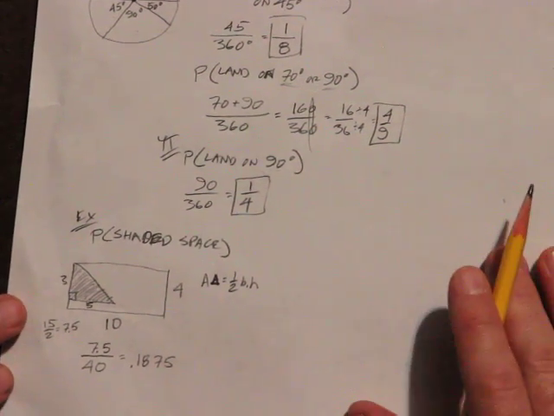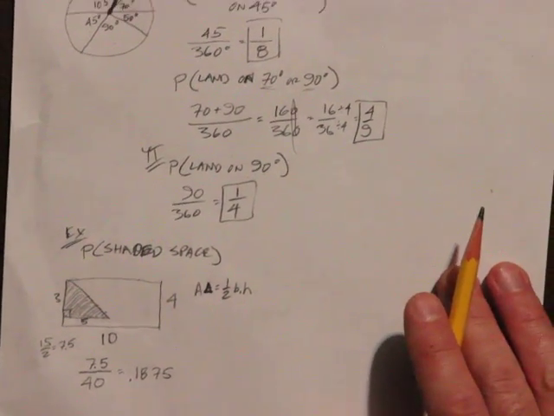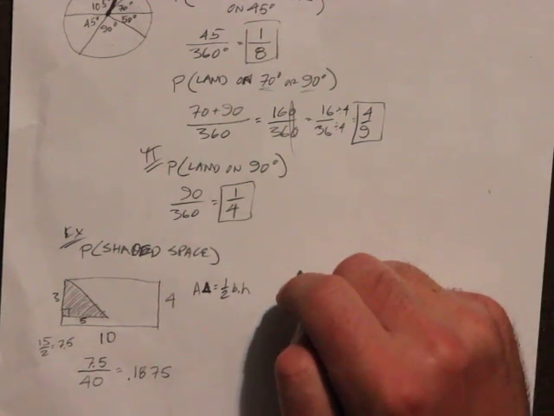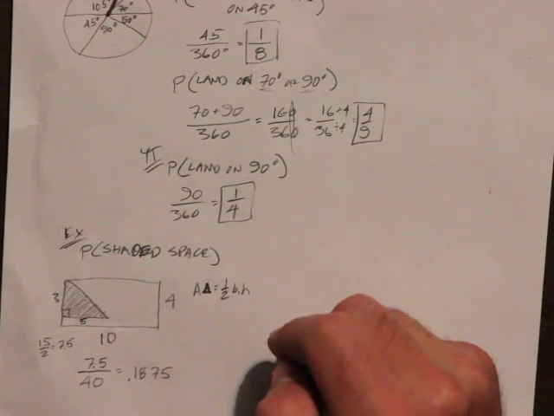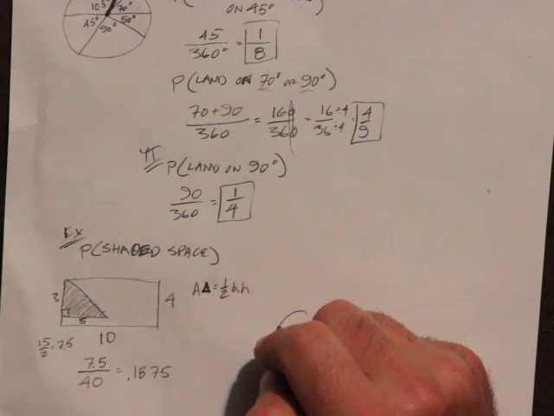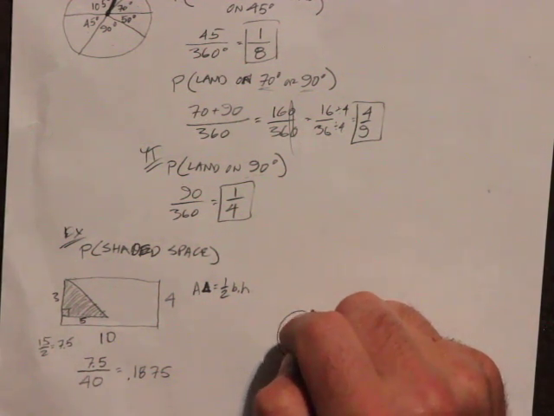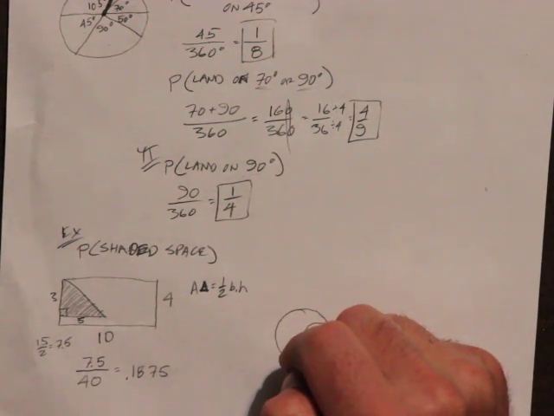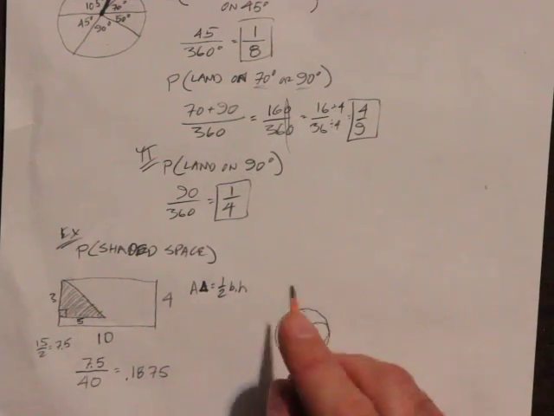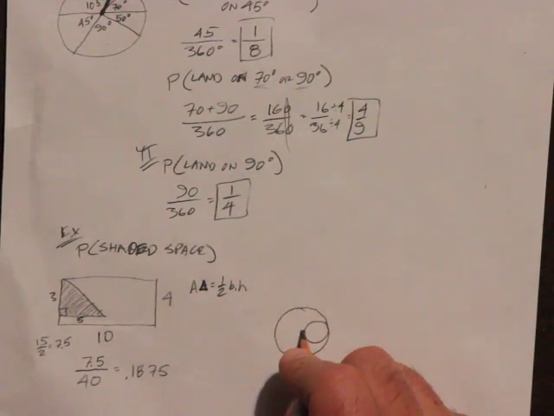Alright, let's do one more. So I have a circle, and I have another circle inside of that circle. And this is the center of the big circle right here.